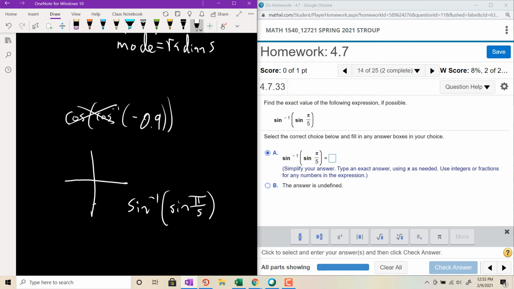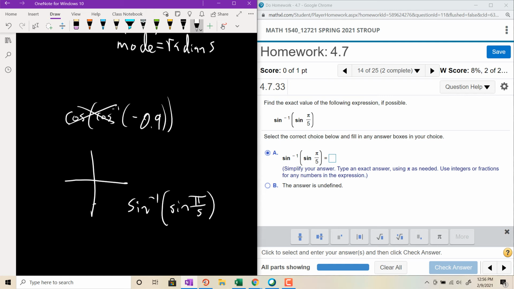This one, I guess you're going to have to use your calculator, because that pi over 5 isn't one of our nice reference angles. So this one you need to be in radians.